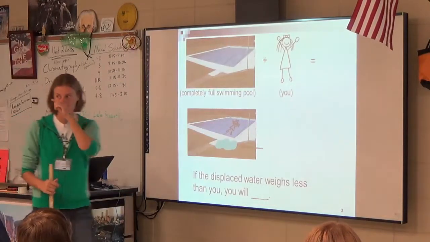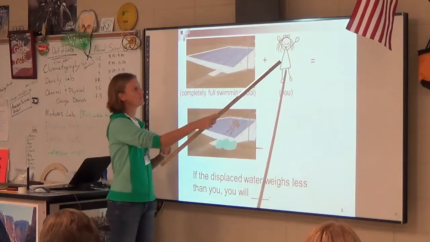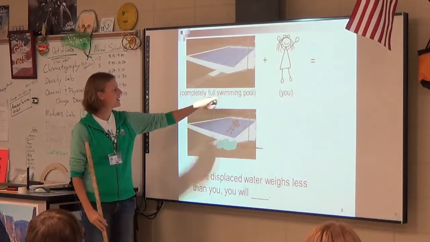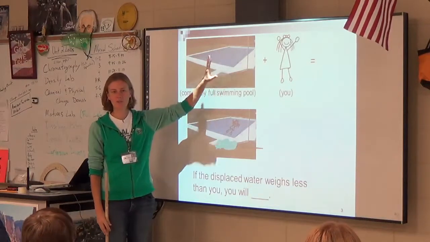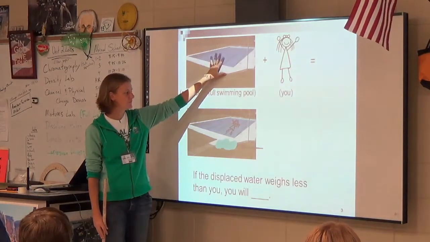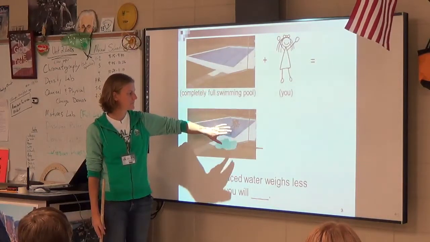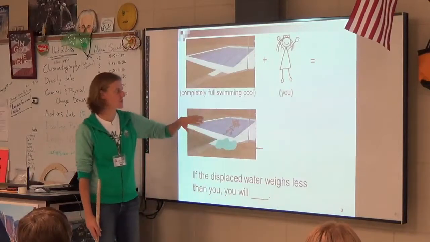So instead of looking at a boat, let's look at you. This is you. Here's a completely full swimming pool, or you could imagine a bathtub. And you cannonball in there. Maybe you just gently get in there so you're not extra splashing.